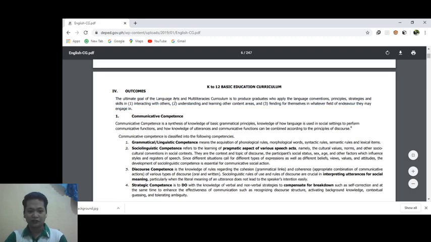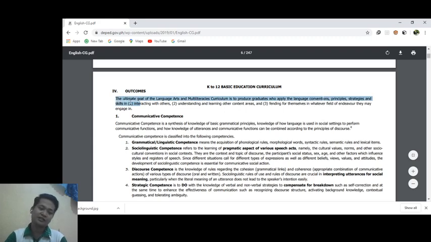So this is the outcome. The goal of the language arts and multiliteracy curriculum is to produce graduates who apply the language conventions, principles, strategies, and skills in interacting with others, understanding and learning other content areas, and fending for themselves in whatever field of endeavor they might be engaged in.